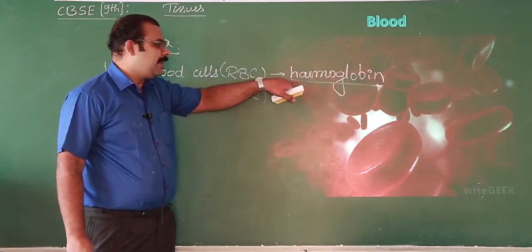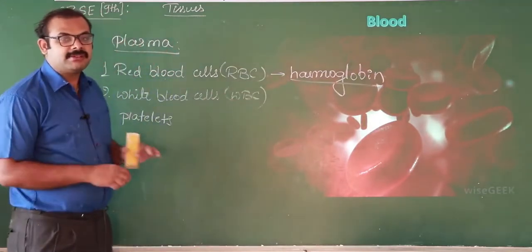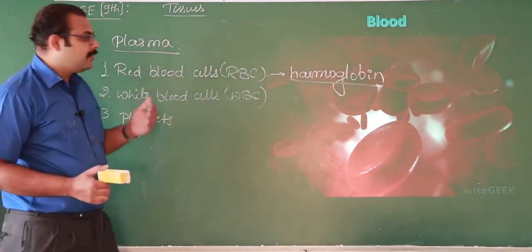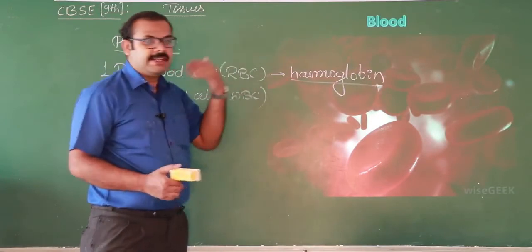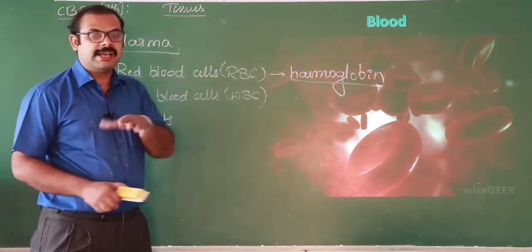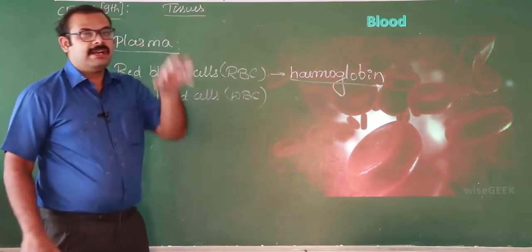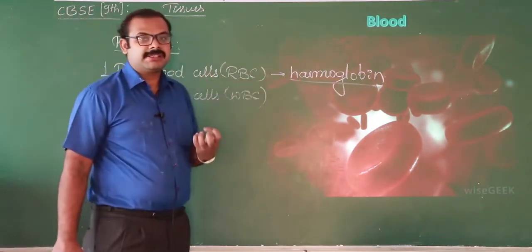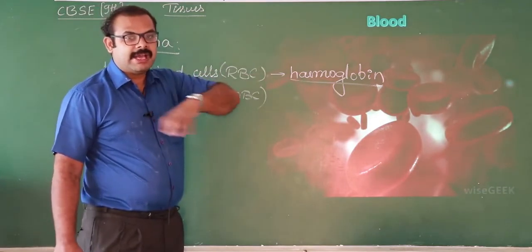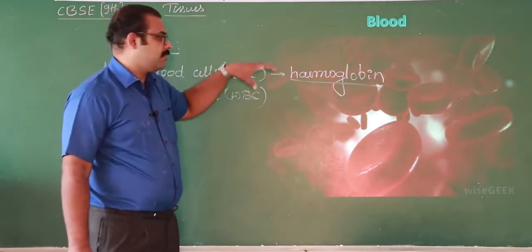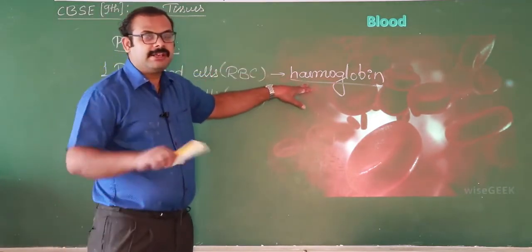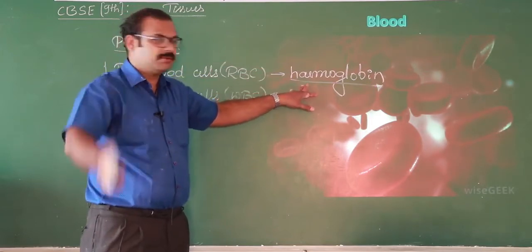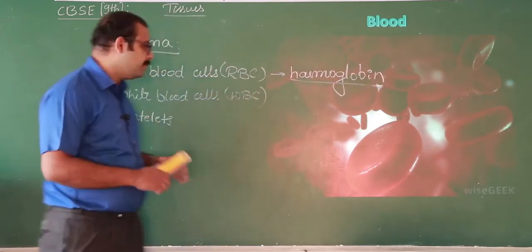This hemoglobin carries the oxygen and carbon dioxide in the body. They take oxygen from the lungs and carry it to different parts of the body, and from the different cells they collect the carbon dioxide and carry it, and finally transport it to the lungs where it will be expelled outside. So this is the role of hemoglobin.